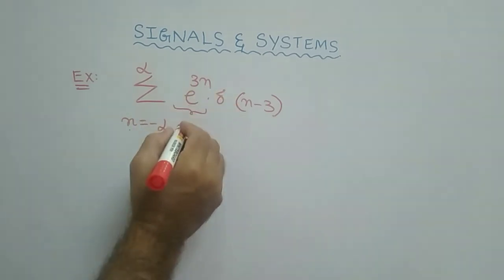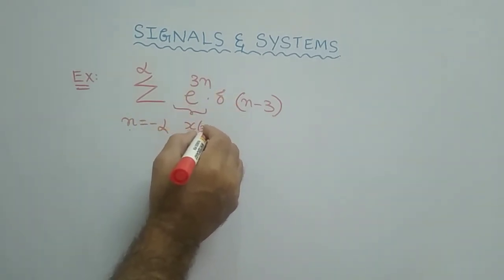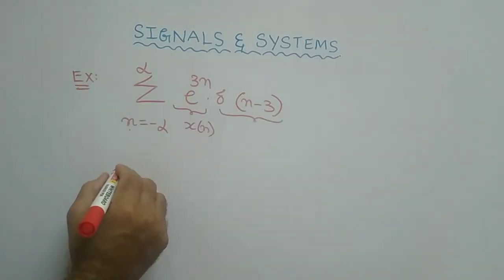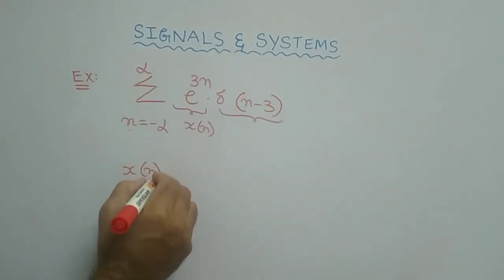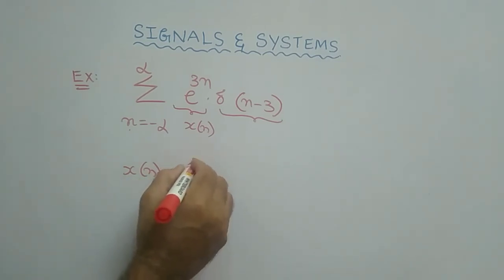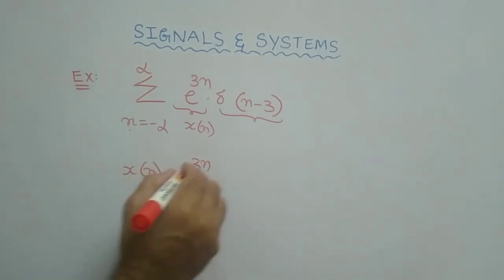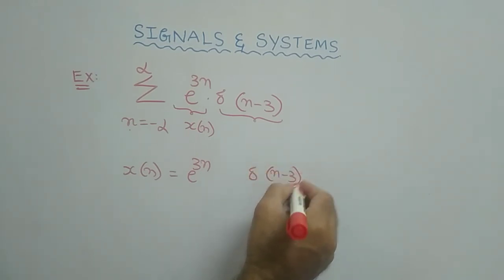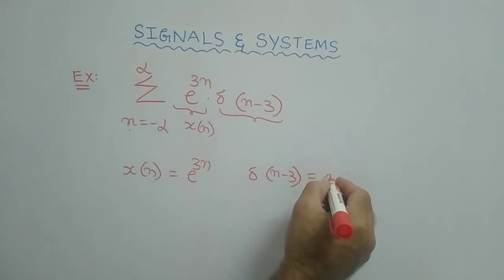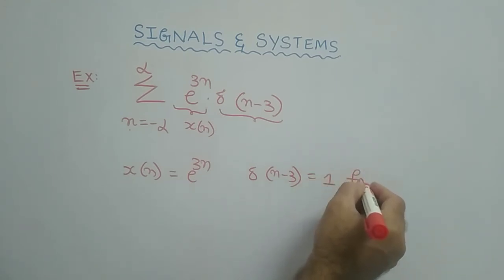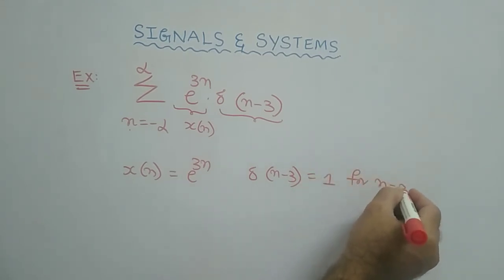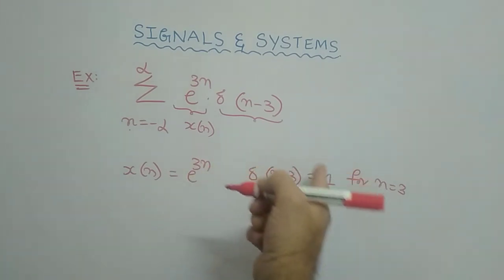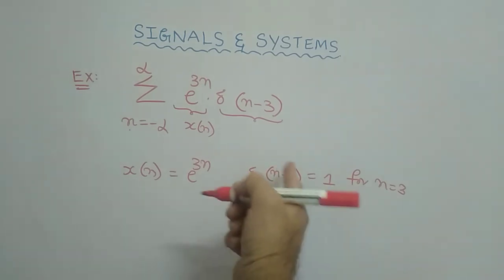Here e power 3n is your x of n, your signal, and delta of n minus 3 is your shifted impulse function. This value becomes 1 for what value of n? n equal to 3 itself. So for n equal to 3, the delta function becomes 1, since its argument becomes 0.